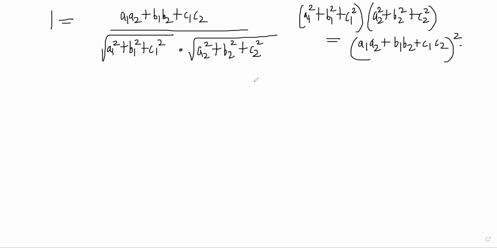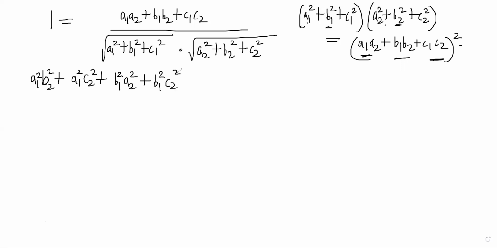Expand the left hand side, you will get a1 square a2 square and terms like b1 square b2 square, c1 square c2 square. Those terms will cancel from the first three terms of this, right? Yes, sir. The terms that will be left over will be a1 and b2, a1 and c2. So you can write a1 square b2 square plus a1 square c2 square plus b1 square a2 square plus b1 square c2 square.